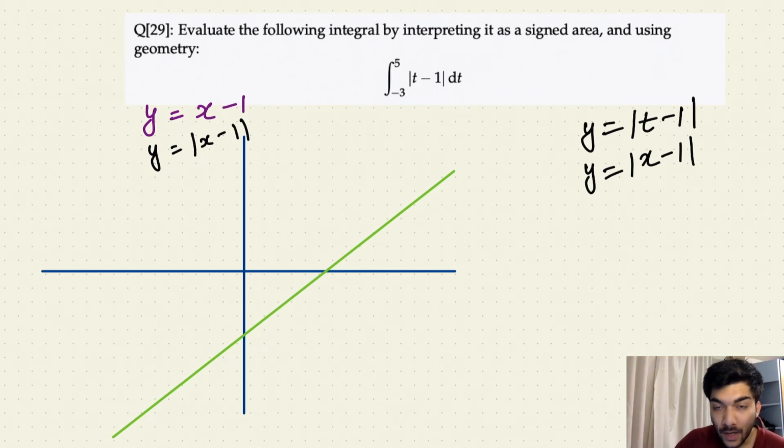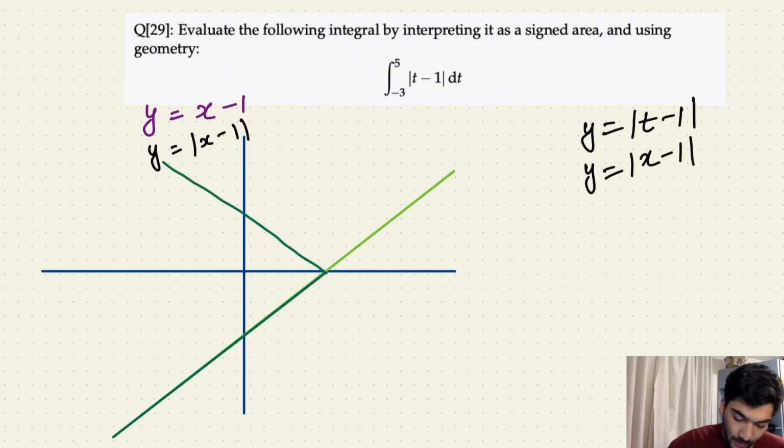Whatever part of the graph you have below the x-axis, in this case it's this part, just flip it with respect to the x-axis and move it above the x-axis. You just have to flip it by taking a mirror image with respect to the x-axis. So if I flip the negative portion of the graph above, I'll get this one, right?